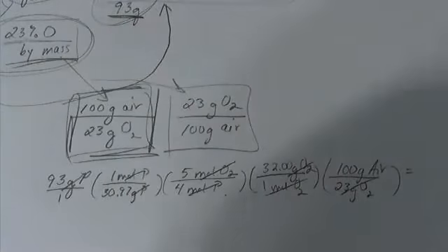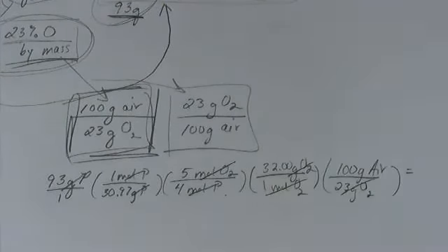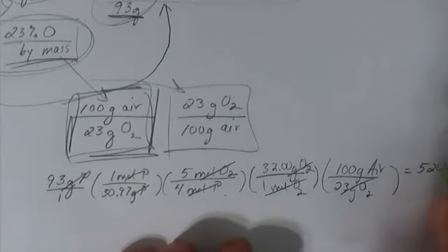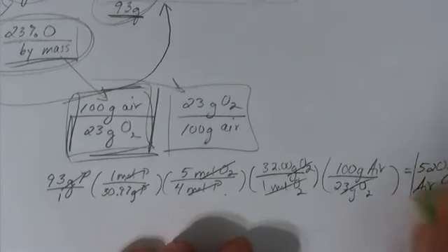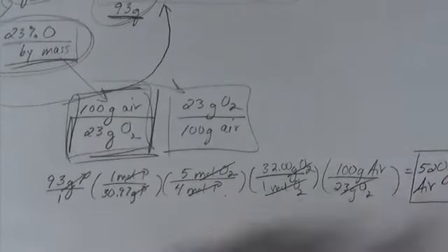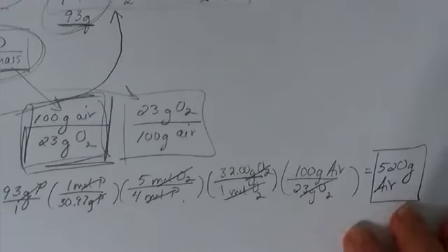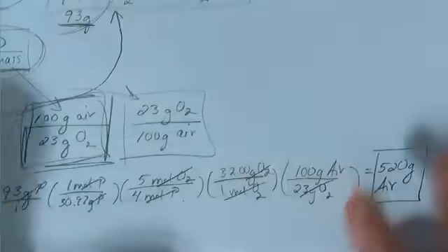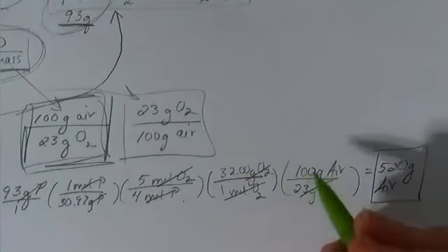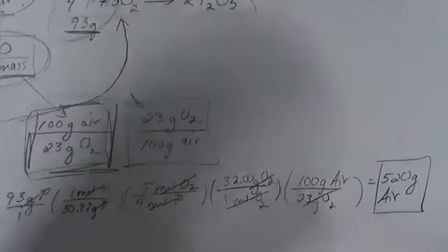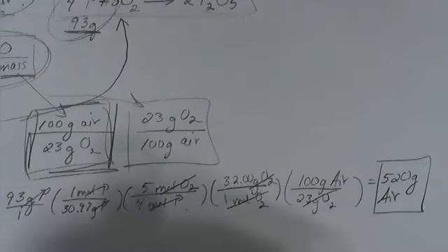And so the answer that we get for number 7 is 520 grams of air. Okay, so that is the first guiding complex given problem, number 7, in the Stoichiometry Practice 2. The next video will lead us through number 8 and number 9.